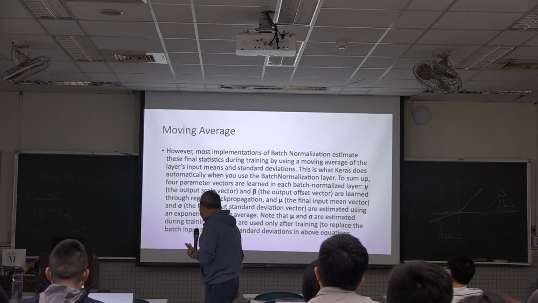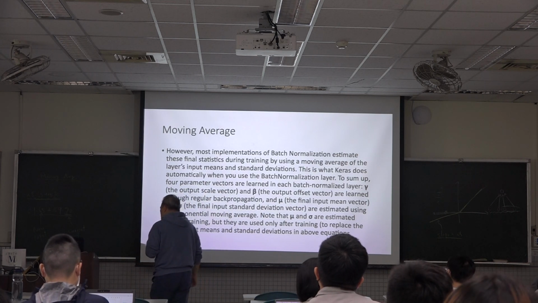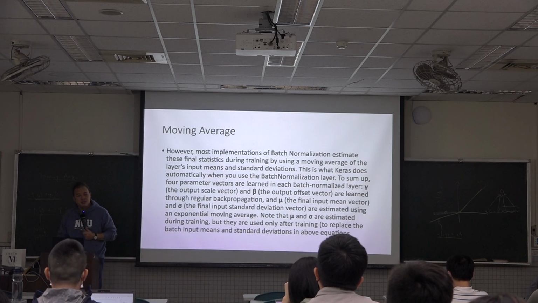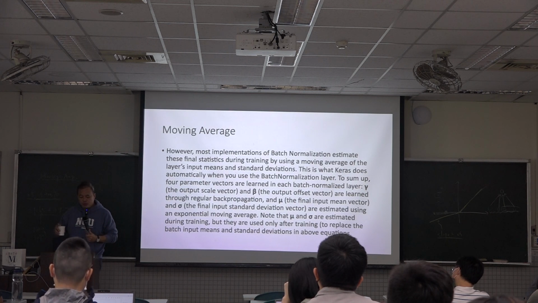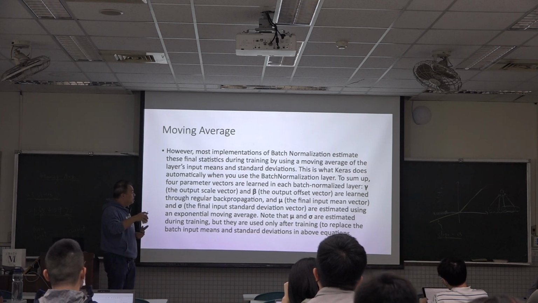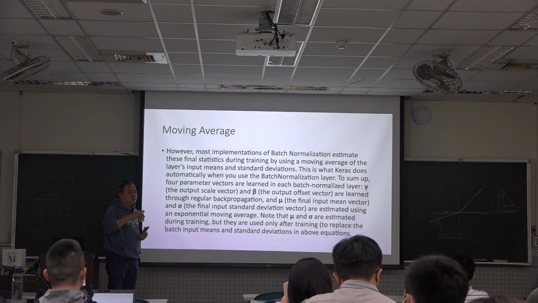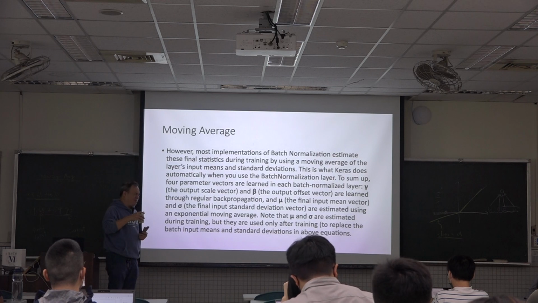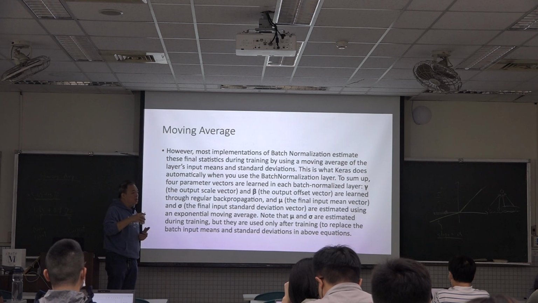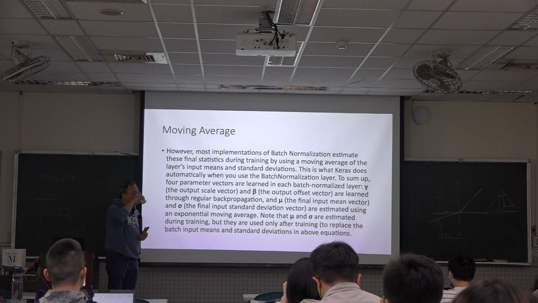Okay, the same thing can be done to compute the standard deviation. So we could use this moving average to estimate the average and the standard deviation of the whole population.